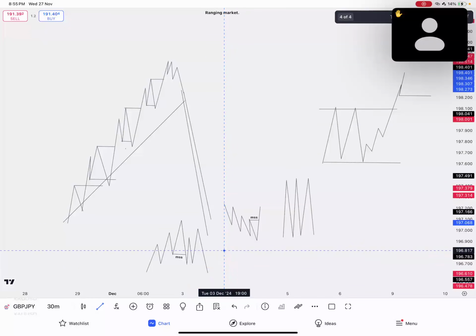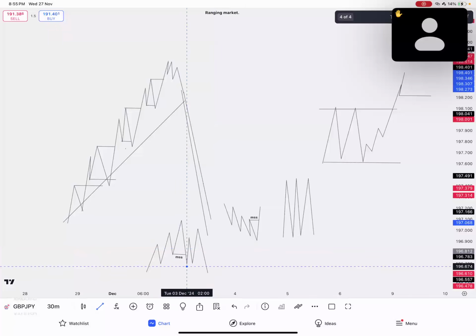Like if it was a structure shift to the downside and the market sells to the downside, if it pulls back, that pullback will also have to go up to 50% of the last low that the market made after the shifted structure. This pullback should push the market down again, and that push should be at least 50% of this last low.